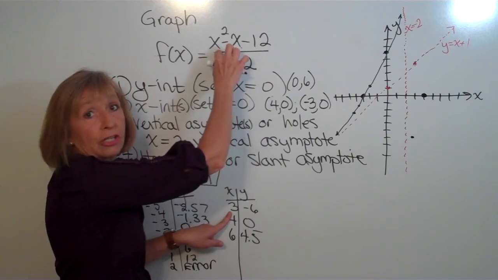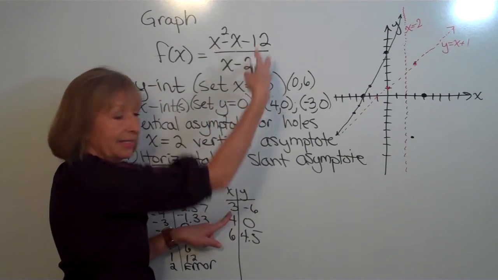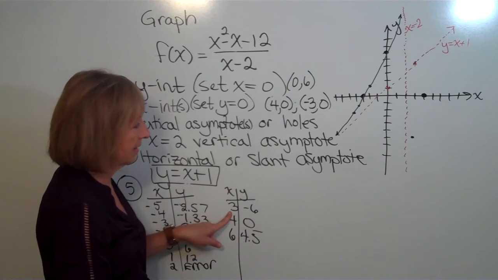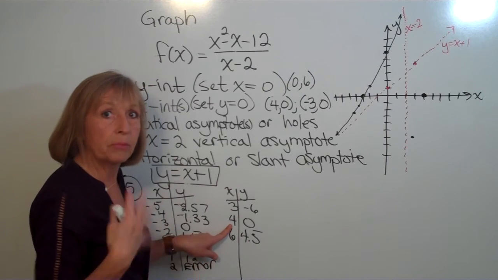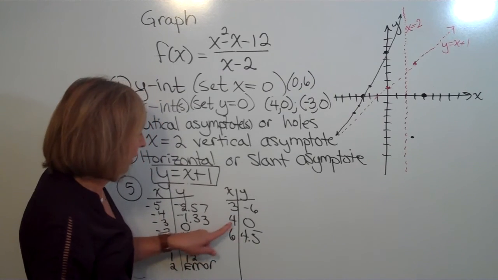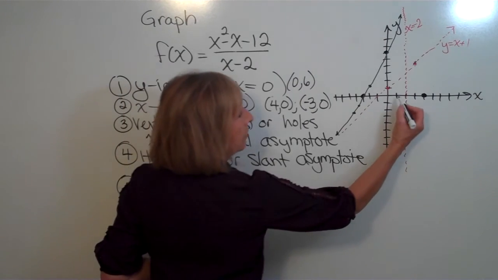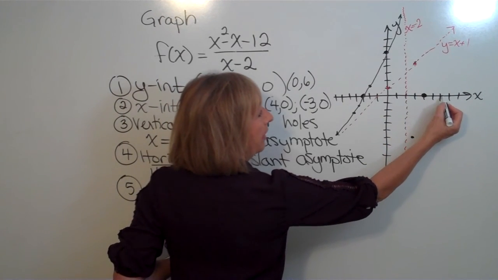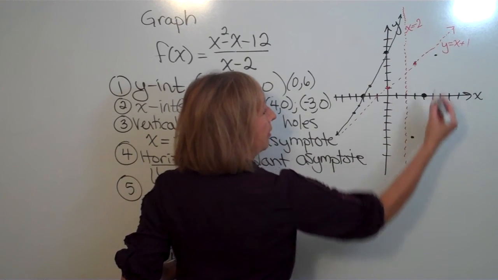And again, I just took out all the x's, put in 3, simplified this, and it came out to be -6. When x is 4, I get a y value of 0, which verifies I put it into my calculator right. When x equals 6, I get 4.5. So 1, 2, 3, 4, 5, 6, and then up 4.5-ish, like there.